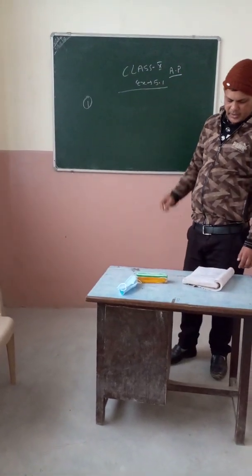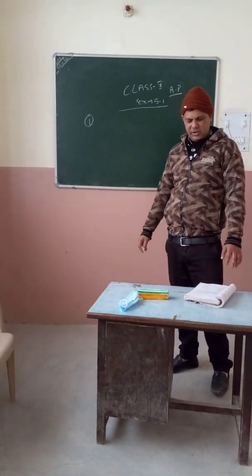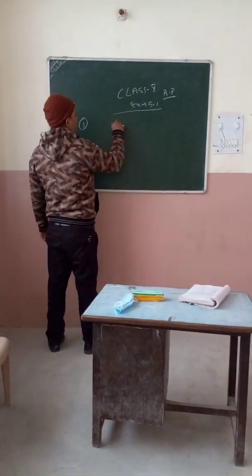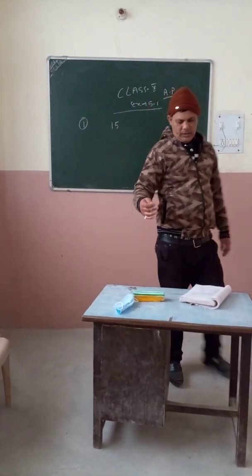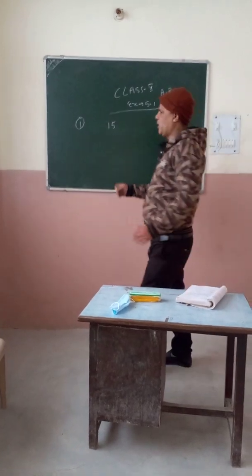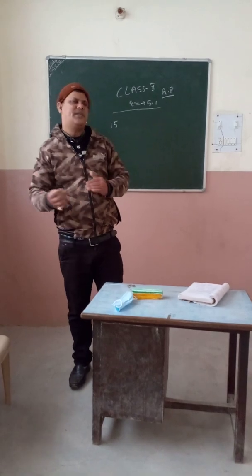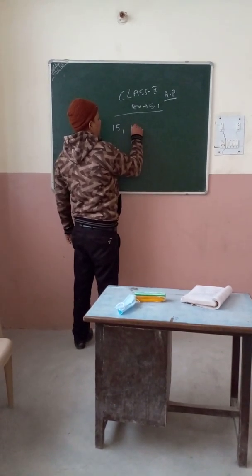Think of a taxi fare where the fare is 15 for the first kilometer, and again 8 rupees for each additional kilometer. So what do we have to do? We have to add 15 plus 8.